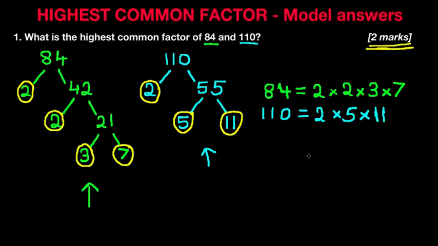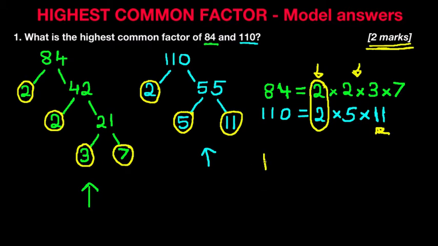Now the next step is that we have to find the common numbers in both 84 and 110. We start with the 2, and the 2 matches the 2 at the bottom. Now you will notice that there are no other matches. The numbers over here, 2, 3, 7, do not match with the 5 and 11 over here.